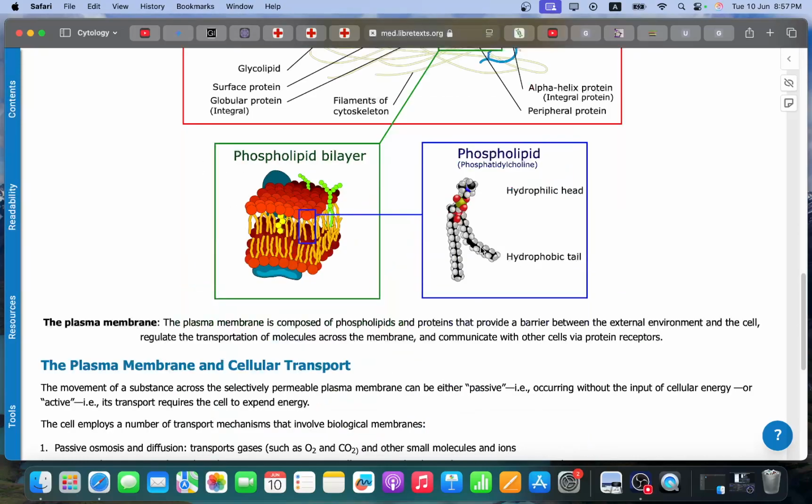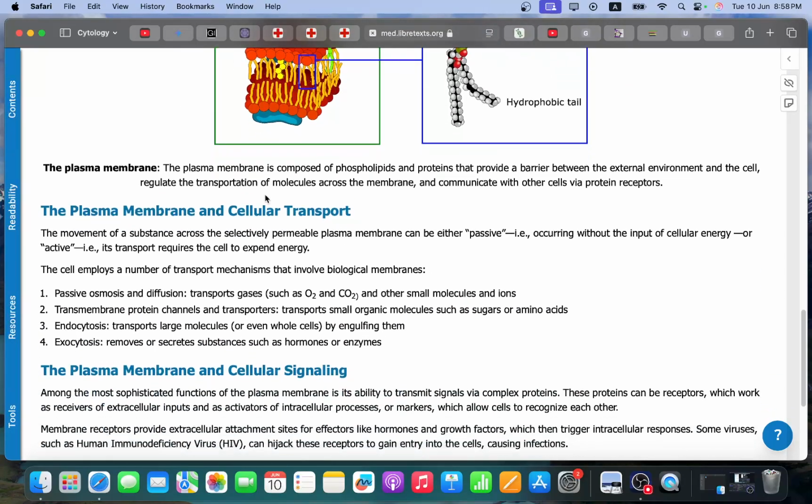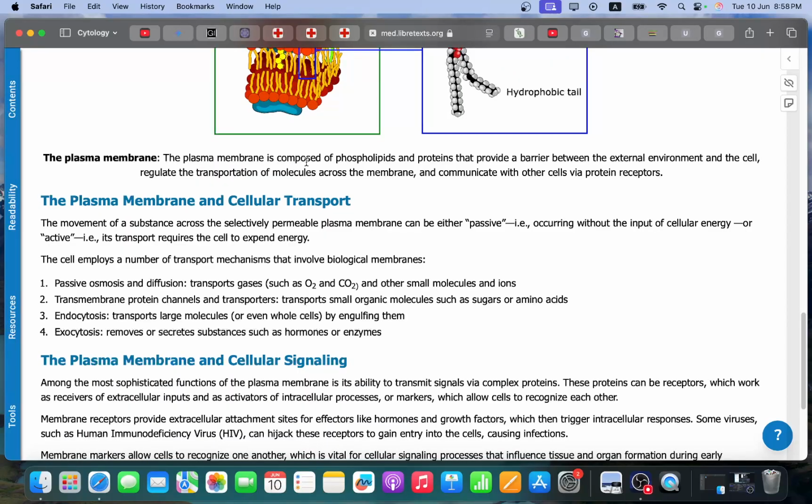Okay, phospholipid bilayer, phosphatidylcholine, choline. Hydrophobic head, hydrophilic head, excuse me. The plasma membrane is composed of phospholipids and proteins that provide a barrier between the external environment and the cell, regulate the transportation of molecules across the membrane, and communicate with other cells via protein receptors.